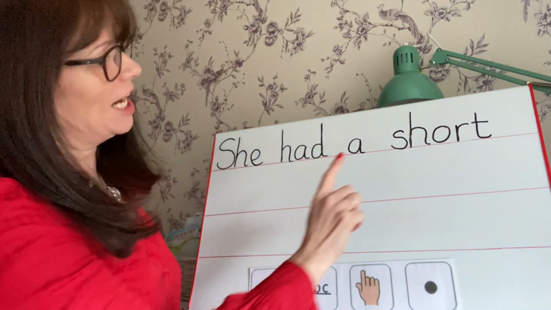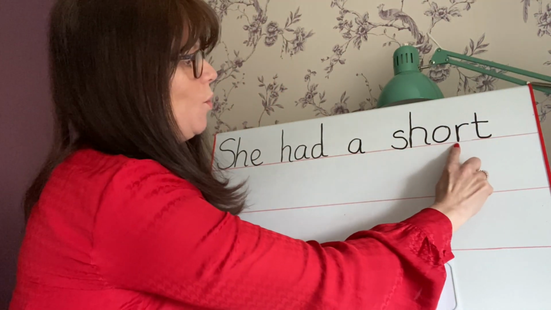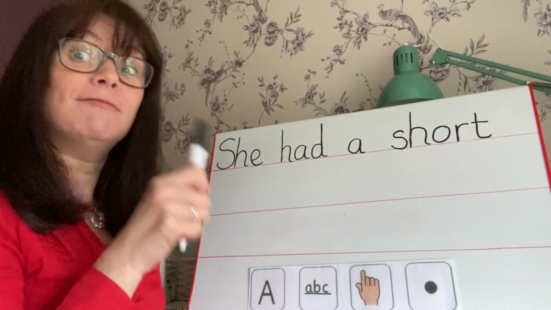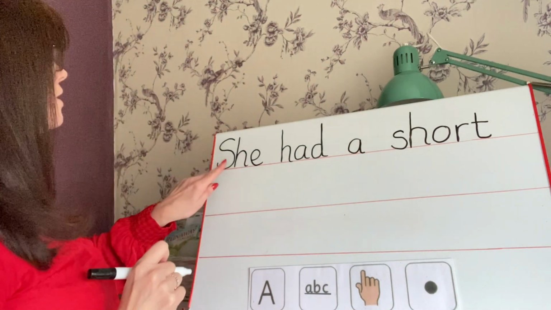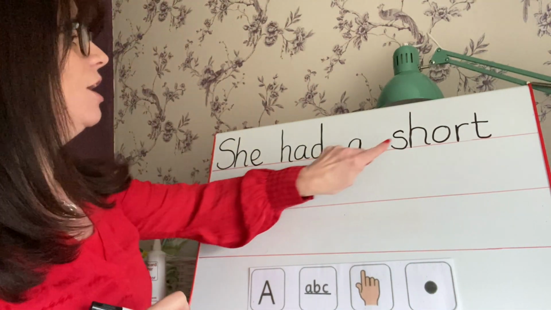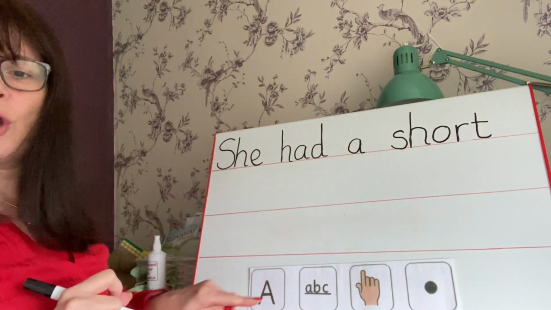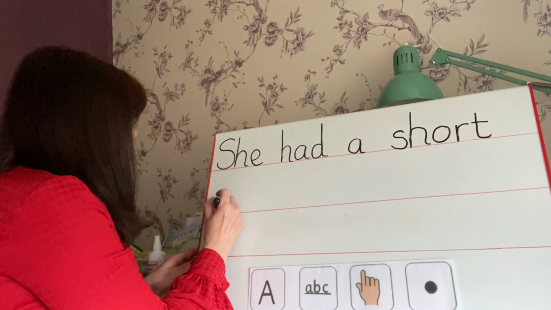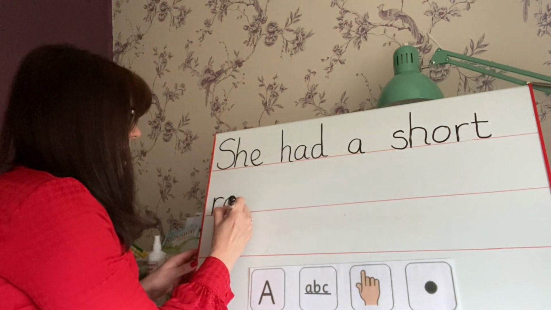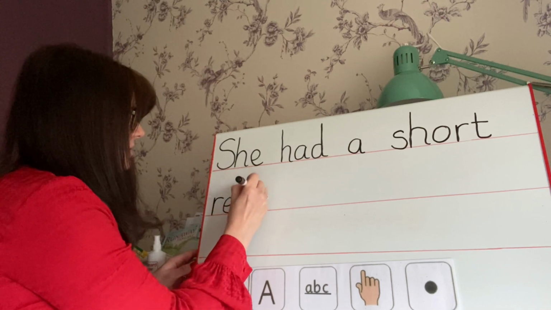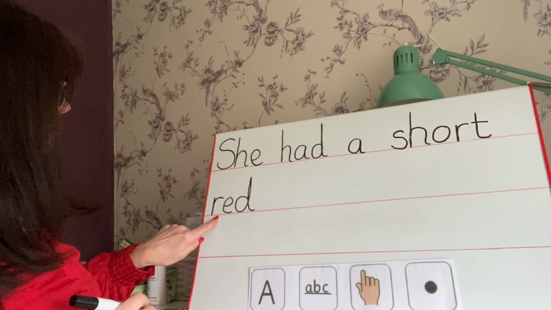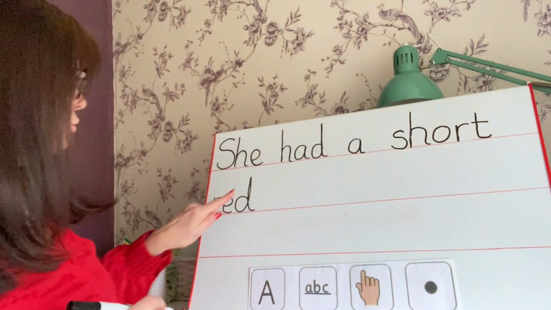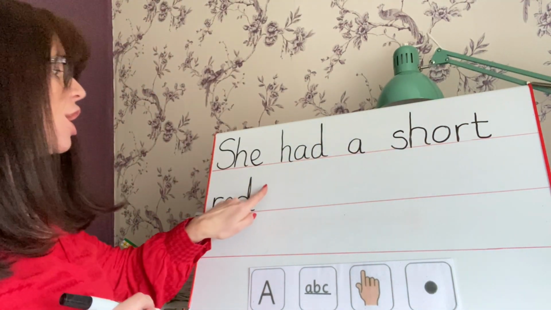Let me check it. Sh, or, t. Short. Remember, I'm going to read, write. So I'll start again. She had a short red. Now's my colour. Red.